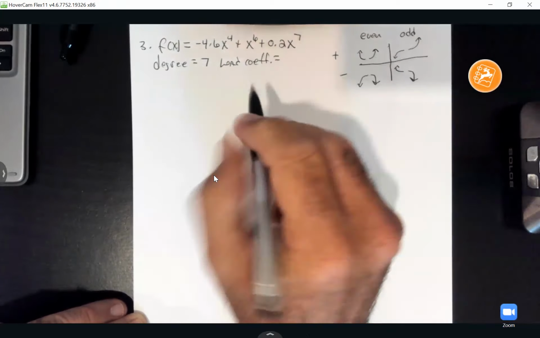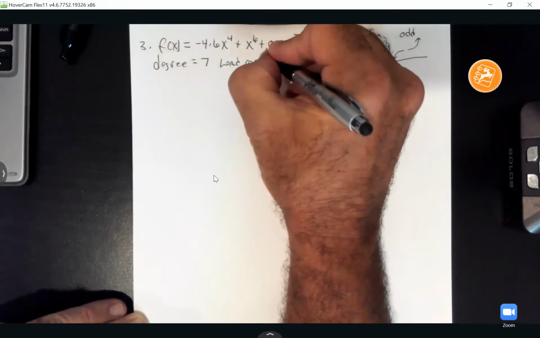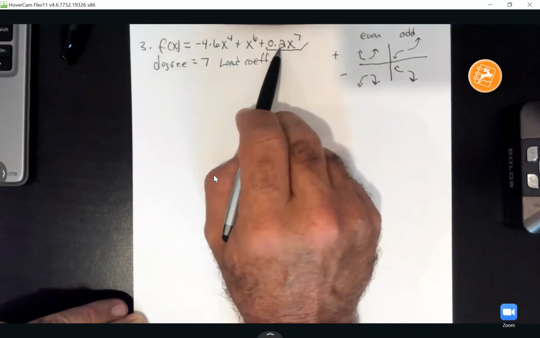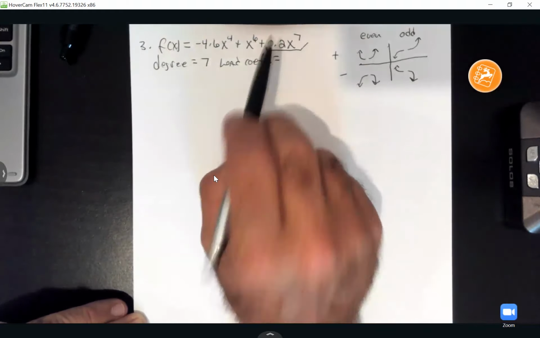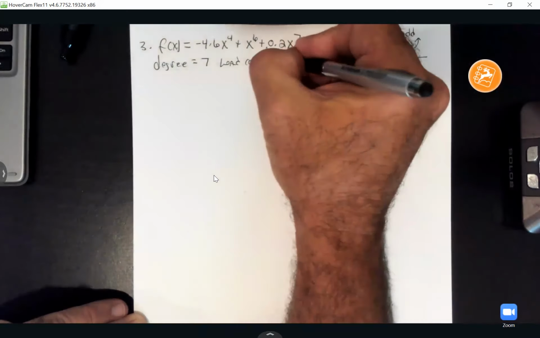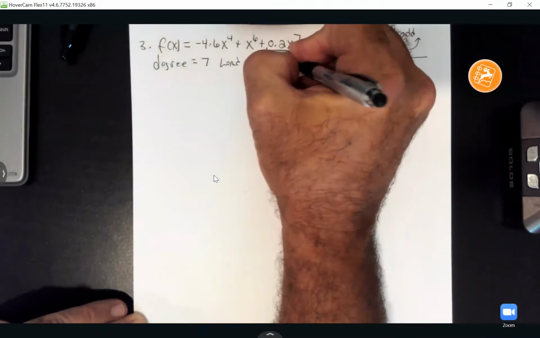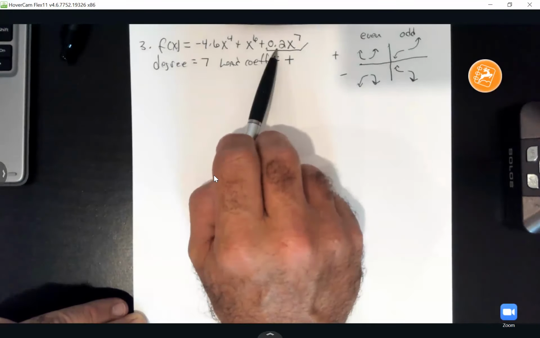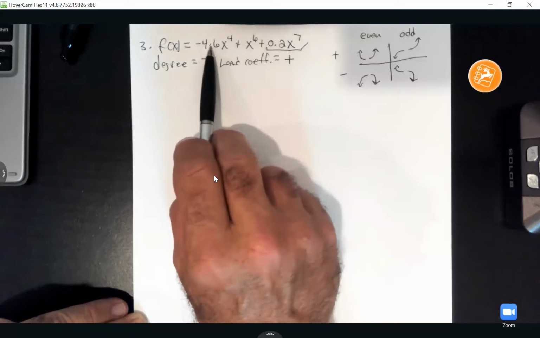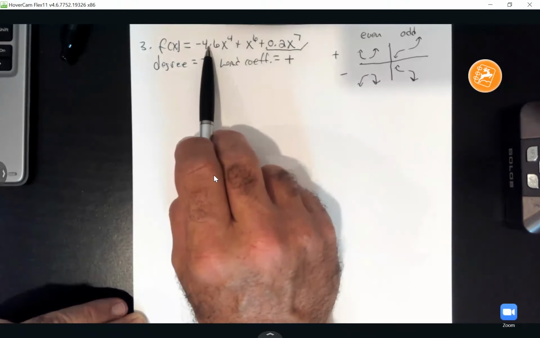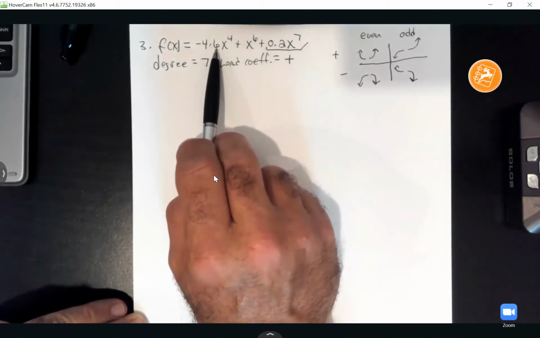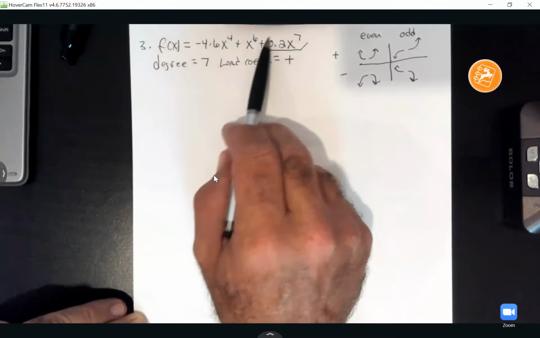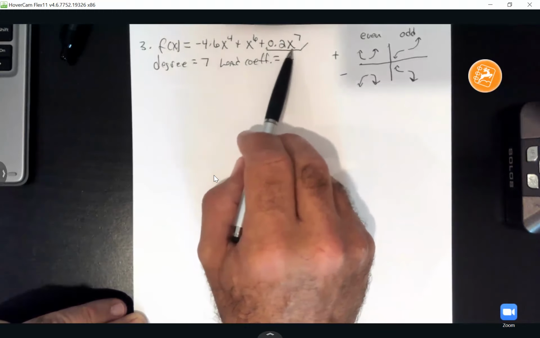This is where I get people. But the lead coefficient is the number in front of that leading term. So I need to know, is that 0.2 positive or negative? And that 0.2 is definitely positive here, okay? So be careful. They try to make you think that this negative 4.6 is your lead coefficient by putting it in front. But remember, the lead coefficient is the number in front of the leading term here.